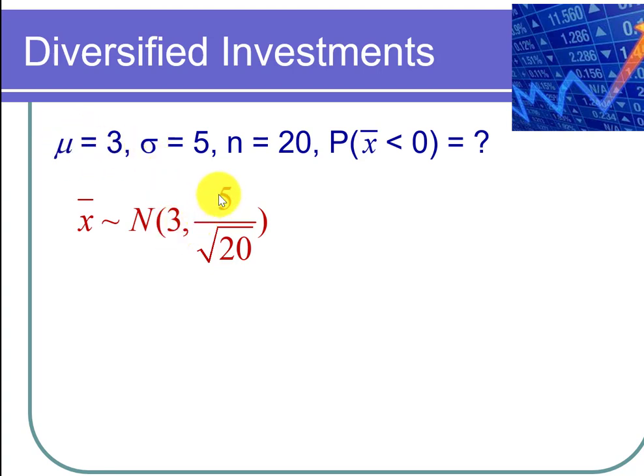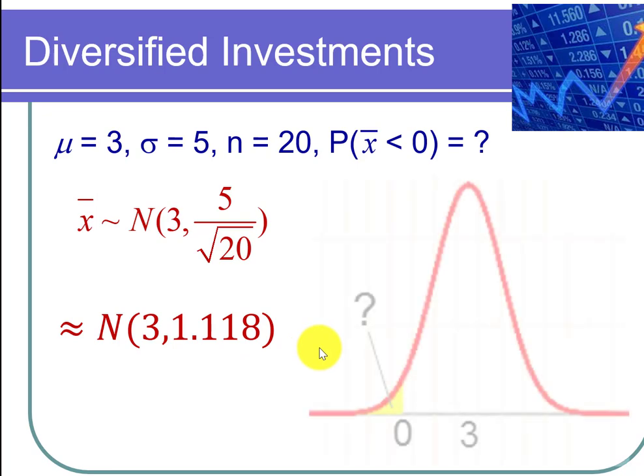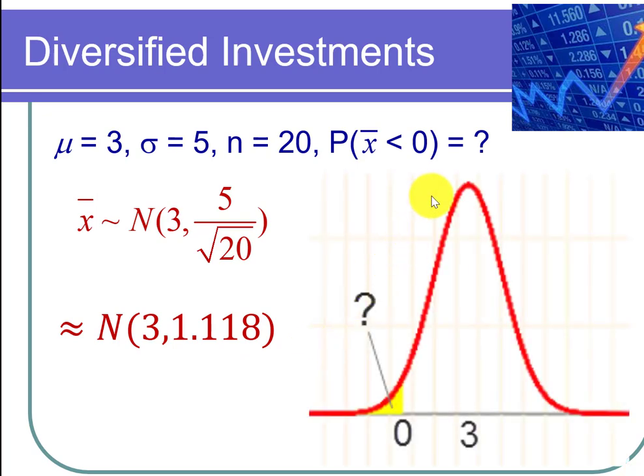And the standard deviation is equal to sigma over root n, or 5 over root 20. I wrote that as a decimal, and I could say that's normally distributed with mean 3 and standard deviation 1.118.